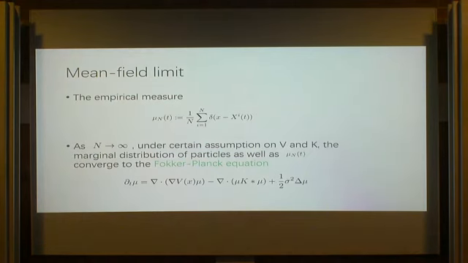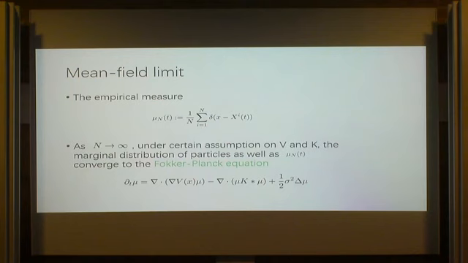If you define the so-called empirical measure, putting a discrete Dirac mass at each particle xi and taking the average, and you take N to infinity, under certain assumptions on the potentials V and K, the marginal distribution of the N particle system, or the empirical measure, can be proved to converge to this Fokker-Planck equation, where this comes from the external force, this from the interacting potential, giving a convolution between K and the density distribution. The Brownian motion, of course, gives rise to this diffusion term. So that's the so-called mean field limit.